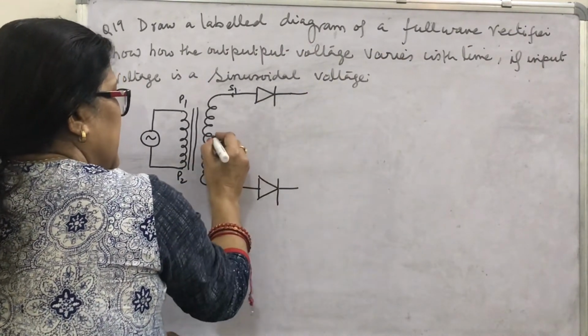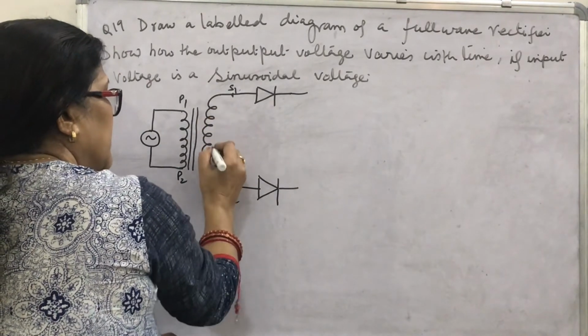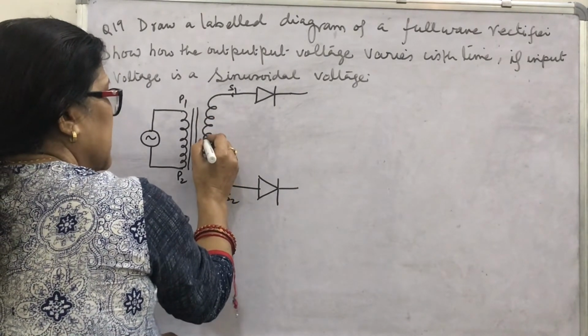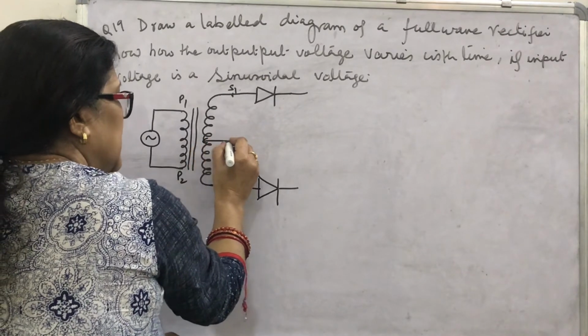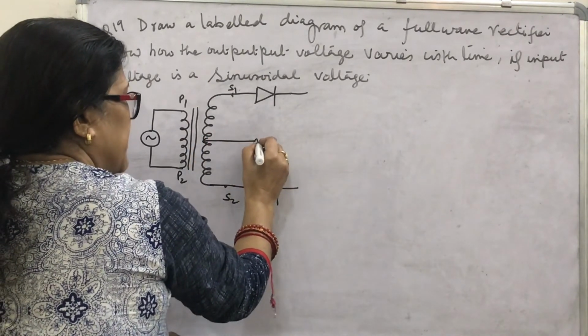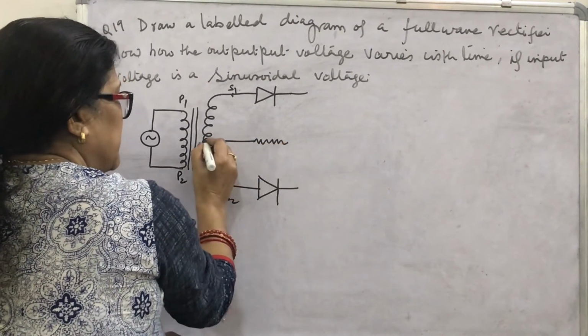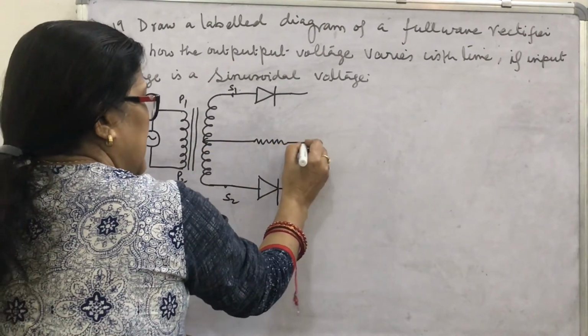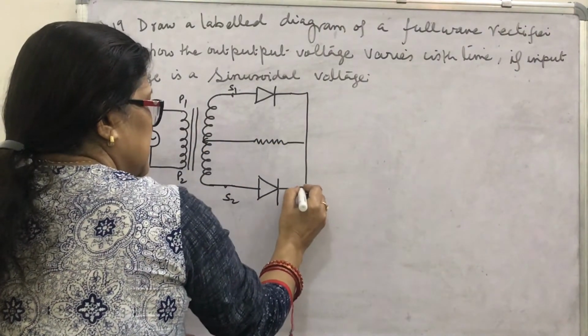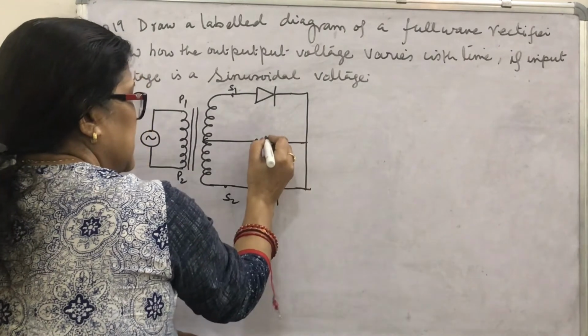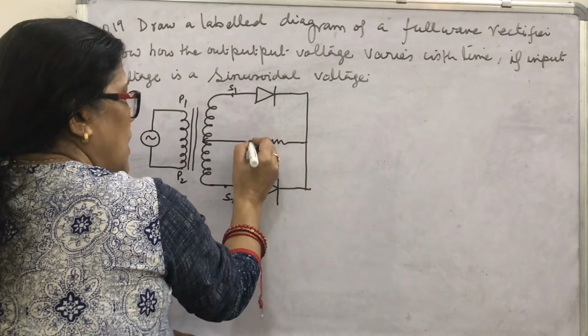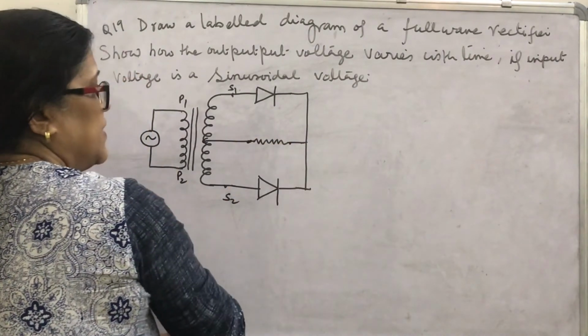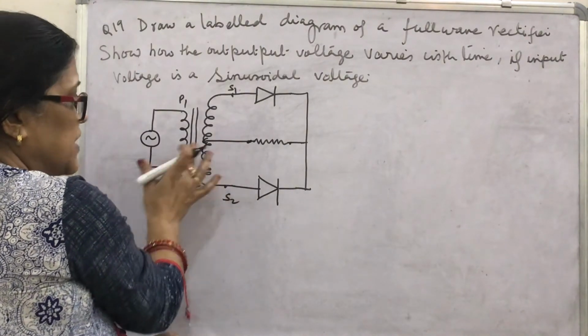What is the main thing? That the secondary coil of the transformer is centrally tapped. This is the central tapping shown by this arrow, and across this resistance, called load resistance, the output is obtained. This is the circuit diagram.